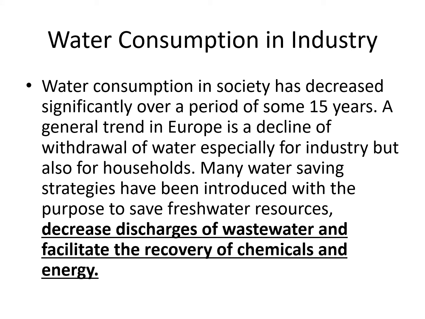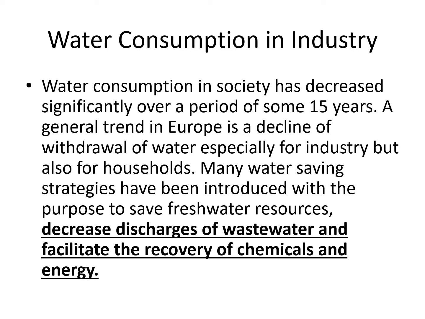Then we have some utilization in industry, because you know that in our previous graph we found that about 24% of the water goes to industry. So water consumption in society has decreased significantly over a period of some 50 years. Overall, we are talking in other countries and at worldwide level.